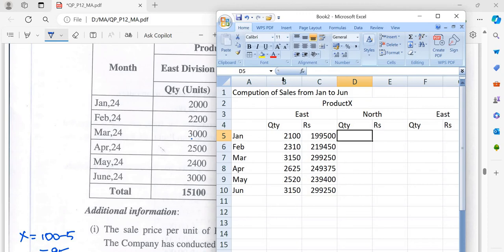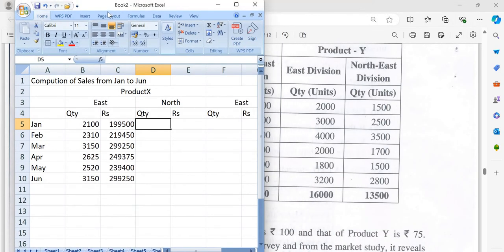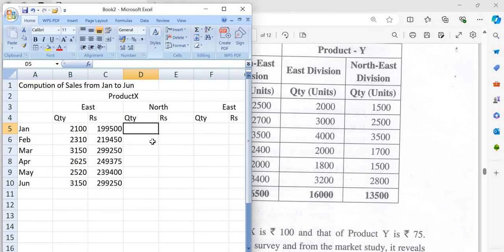For North division, the quantity is going to increase by 10 percent. So 2500 into 110 percent, 2700 into 110 percent, that is 1.1 I am using.